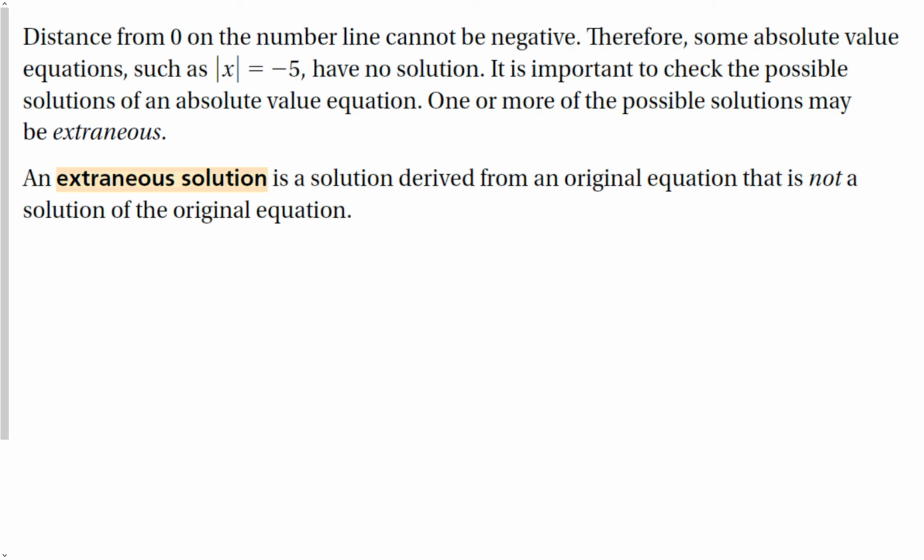It means that you need to check your answers to be sure that they both work, because one or more possible solutions may be something called extraneous. An extraneous solution is a solution derived from an original equation that is not a solution of the original equation. It's just a solution that you get, but it doesn't actually work.